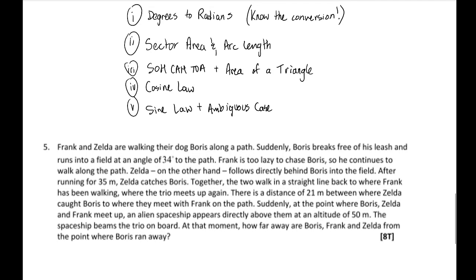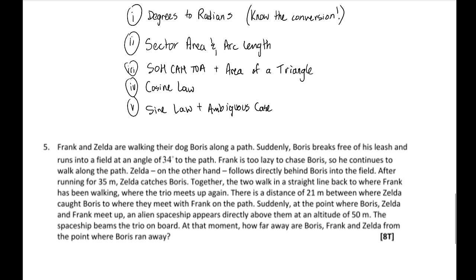Frank and Zelda are walking their dog Boris along a path. Suddenly, Boris breaks free of his leash and runs into a field at an angle of 34 degrees to the path. Frank is too lazy to chase Boris, so he continues to walk along the path. Zelda, on the other hand, follows directly behind Boris into the field. After running for 35 meters, Zelda catches Boris.